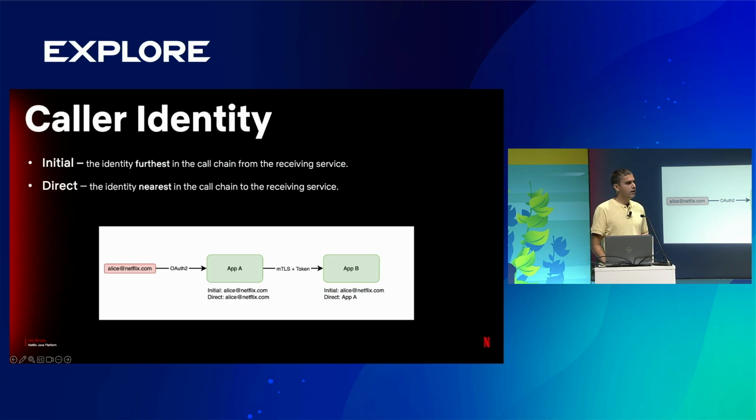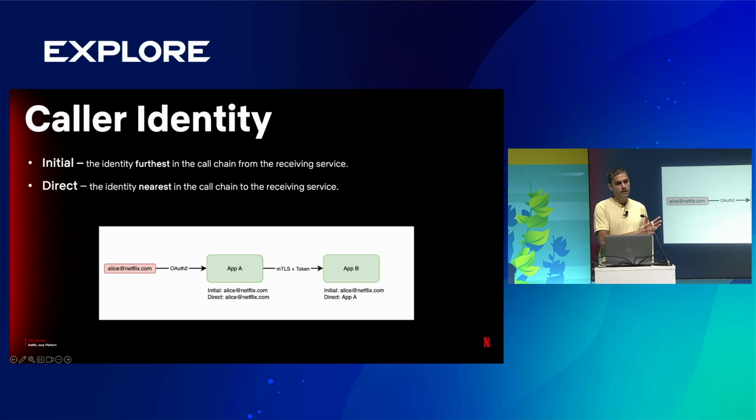We extend the idea of identities at Netflix by having multiple identities on the request chain. So a request can start from a user making a request to a service, in this example, application A. But then to serve this request, application A might call an application B. And it could be a long chain of applications for this call.